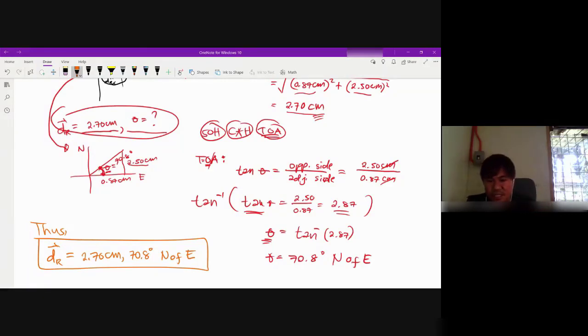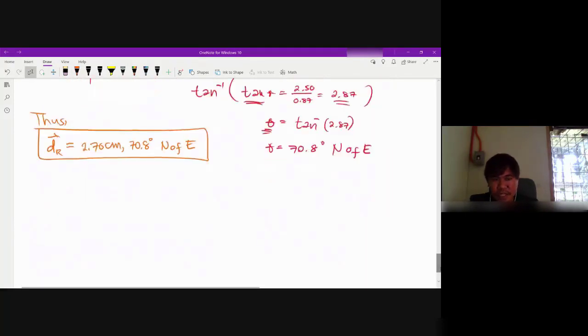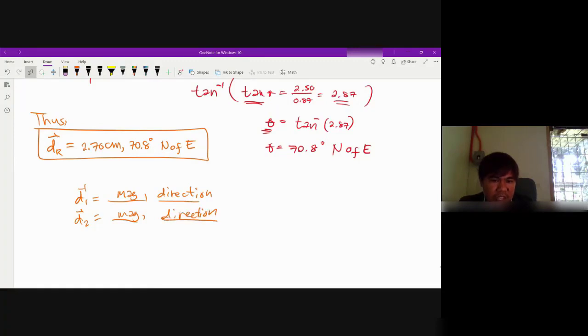So meaning, ang first form nga akong gibot pasabot kay duha ka vector D1 and D2 na naka-express siya in terms of magnitude and then direction here.